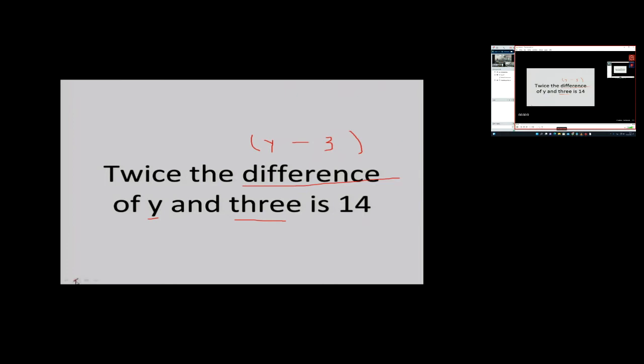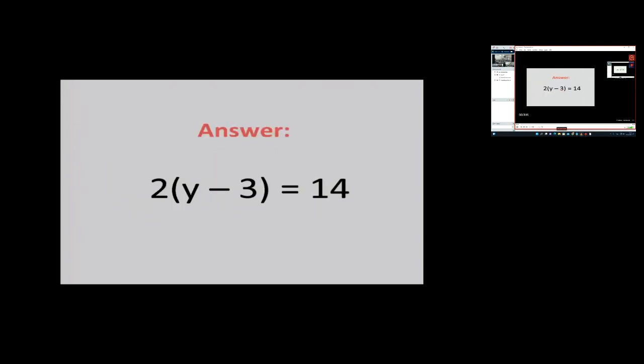Because in a case like this, we have twice the difference of y and 3. Since difference is minus, y and 3, that is y minus 3. Again, twice is 2 times, so that is 2 times y minus 3 is equal to 14. Understand? One more.